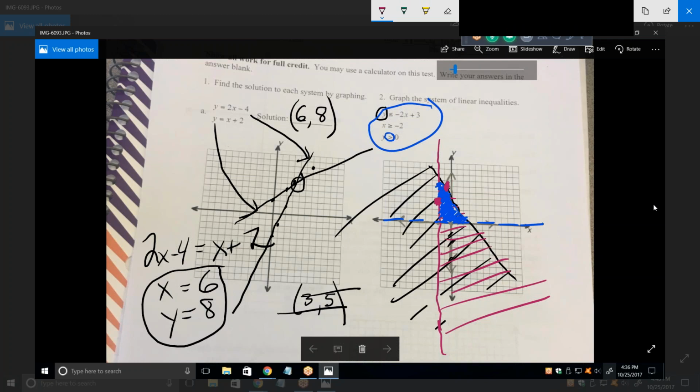How about that pink dot? Yes. No. If it is on a dotted line, it is not inside the area. Remember, y has to be greater than 0. Can't be equal to 0. And that dot right there has a y coordinate that's 0. Okay. So that doesn't work.